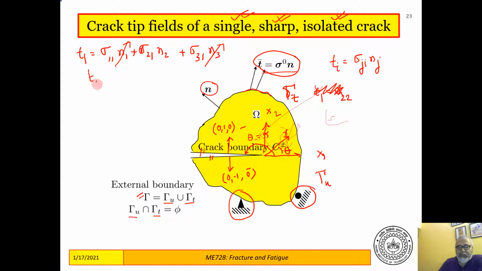So T1 is equal to sigma 2, 1, T2 is equal to sigma 2, 2, and T3 is identically equal to 0.